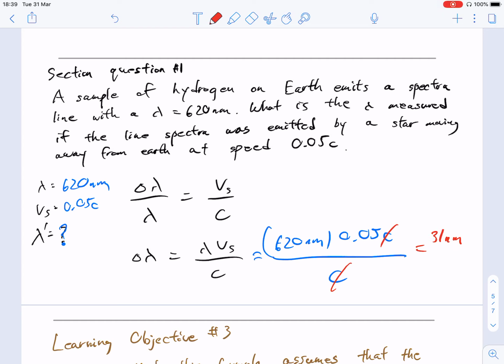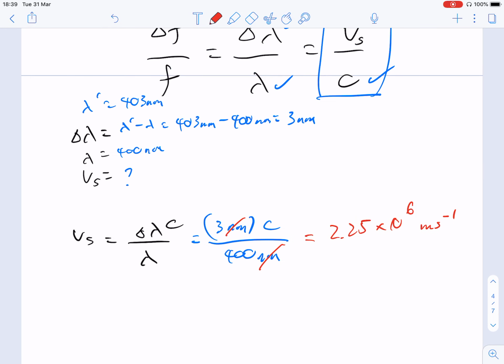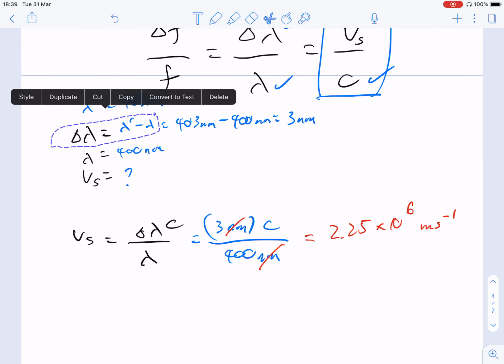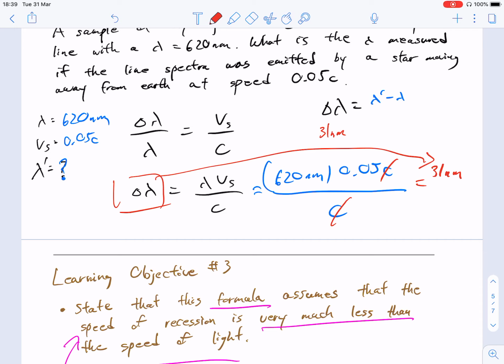So that's the change. And recall earlier that the change is the difference between the two. I'm going to squeeze in the extra little bit of work here. We have the change, which is 31 nanometers, which is what we calculated, right? And we're looking for lambda prime.